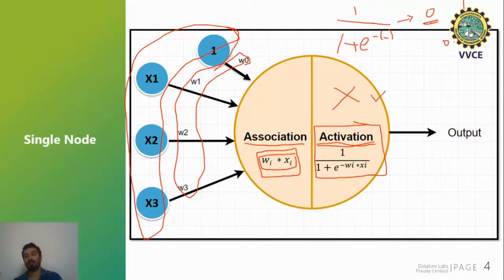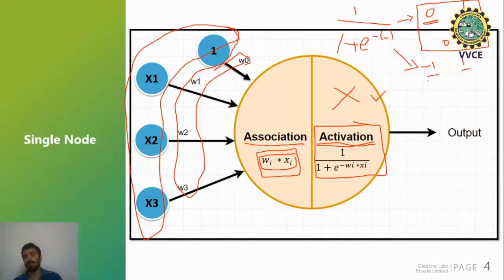Let's say if it is 0.5, it is half activated. That is what your activation function does. If you use tanh, or hyperbolic tangent, instead of the sigmoid function, you get the value in the range of -1 to +1.